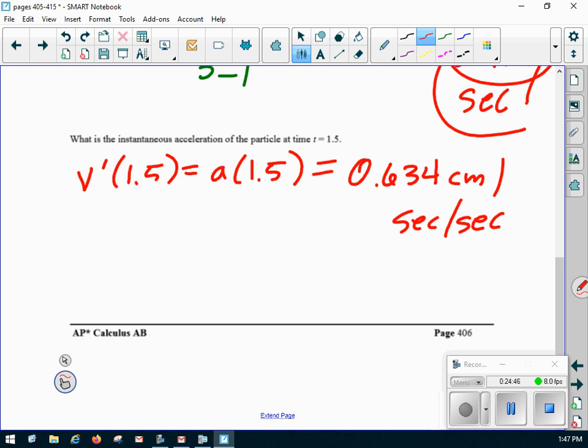The velocity is increasing. Am I saying that right? Because the P is per second. I would say the acceleration is centimeters per second. But if I'm saying the velocity is changing at a rate, since the acceleration is the first derivative of velocity, just one derivative apart, I'd say centimeters per second.